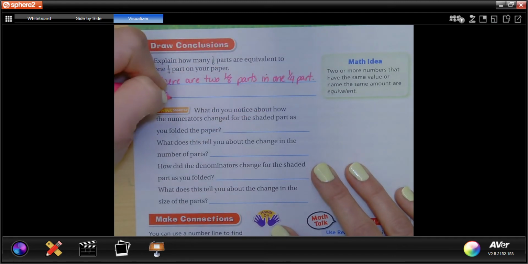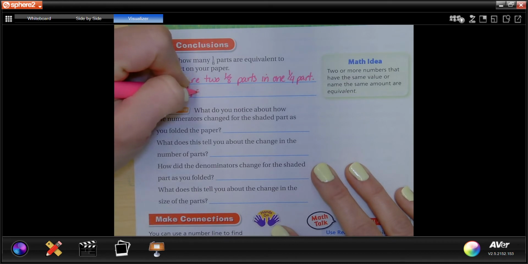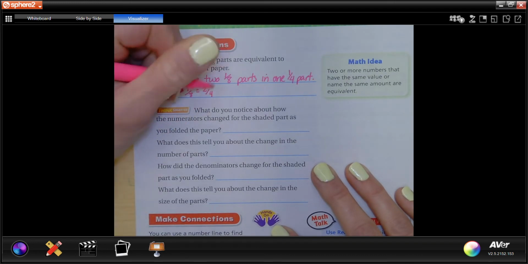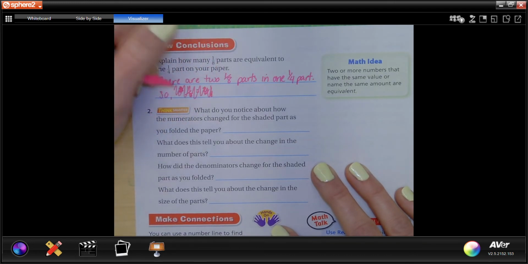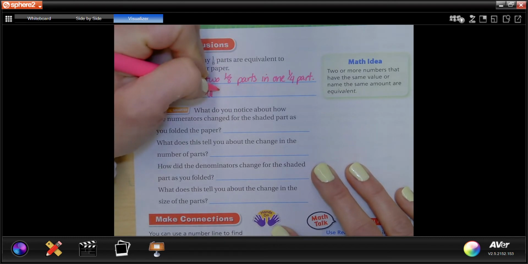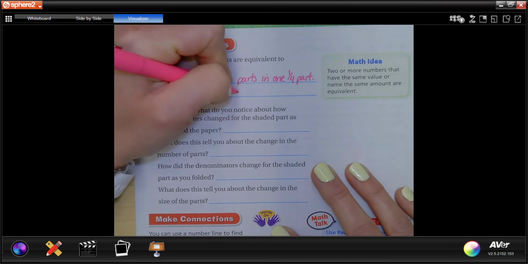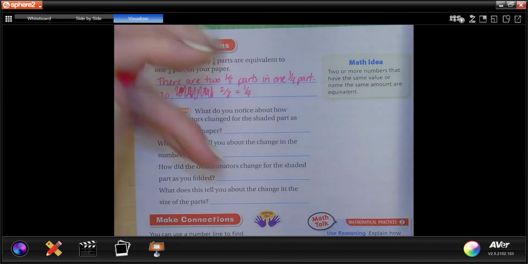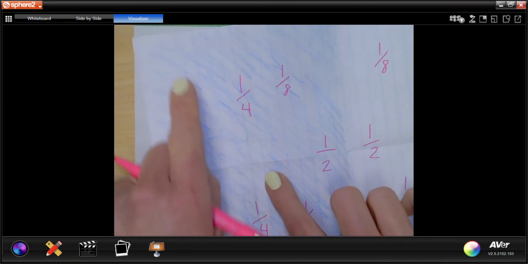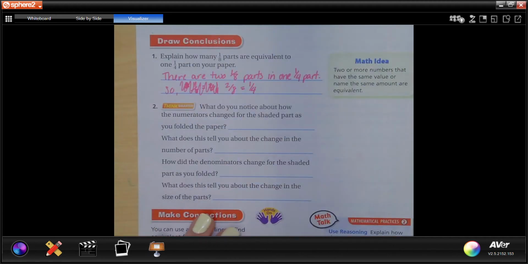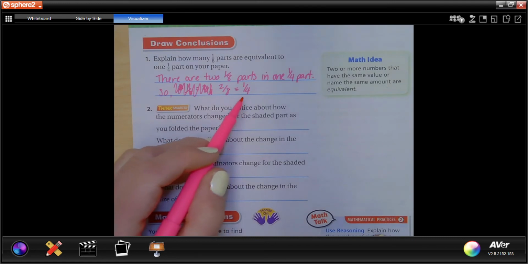So 1/8 is equal to 2/4. That was wrong. I have that backwards. 2/8, I did have it right, is equal to 1/4 because there are 2/8 pieces in a 1/4 space. So they are equivalent to each other. So 2/8 is equal to 1/4.